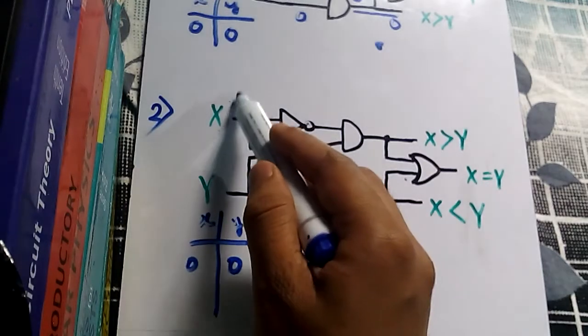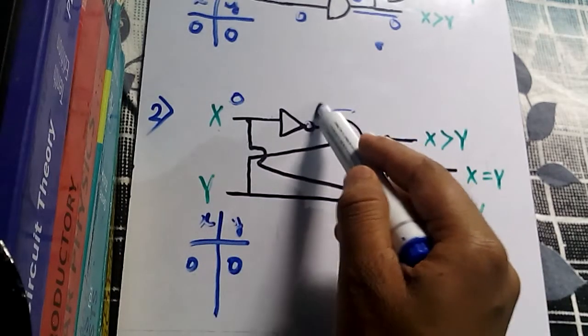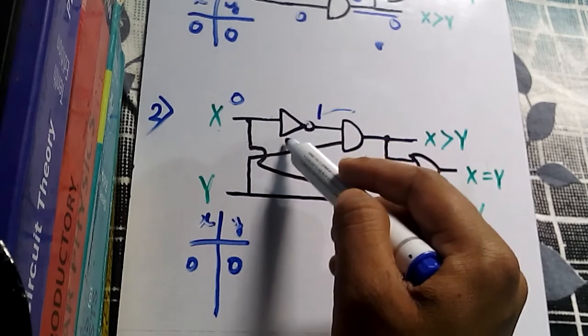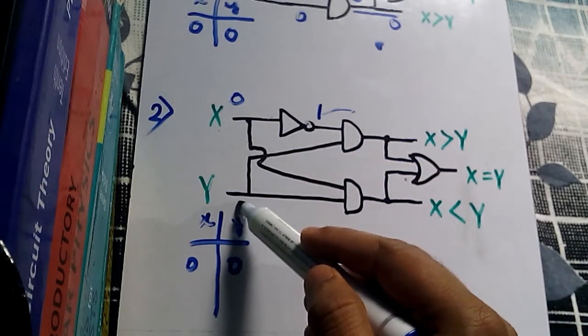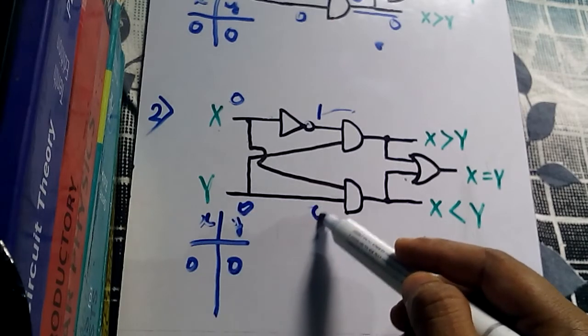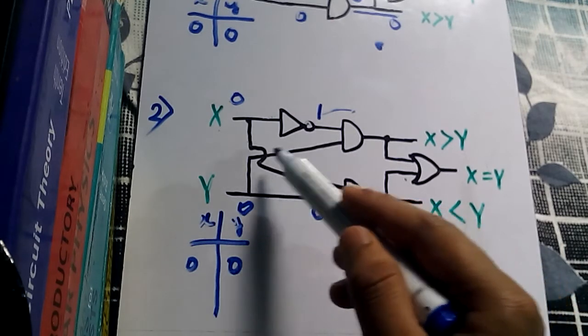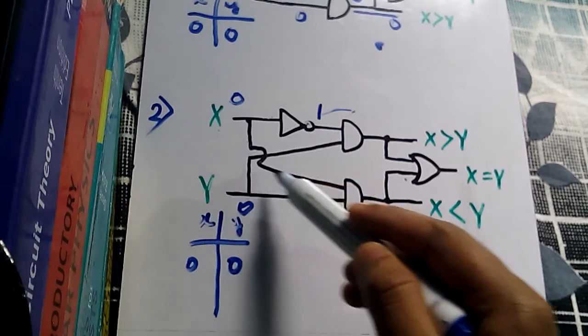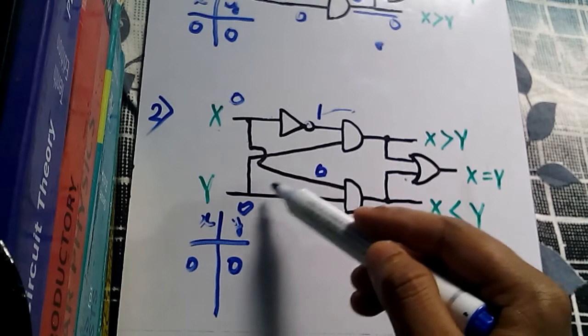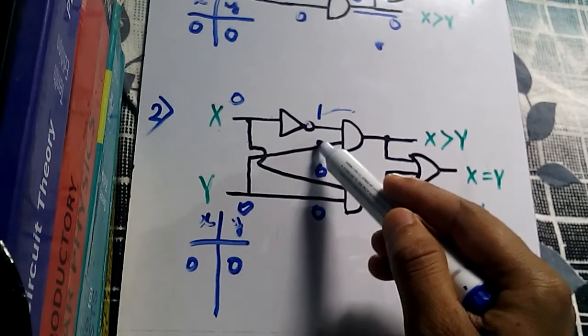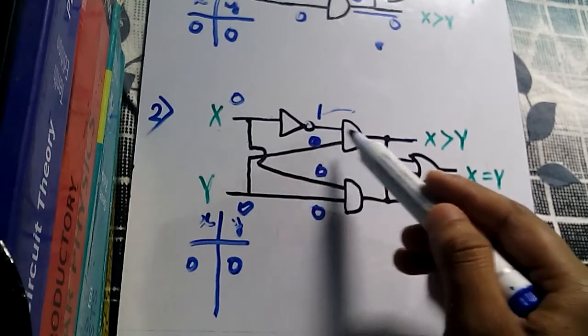So x we are putting 0, and it reaches here as 1 because there is a NOT gate in the path. Similarly, y we are putting 0, and it remains 0 here. There is no NOT gate, and this wire comes from the x input, so it remains 0. This wire goes to this place, and it remains 0 because y is 0.